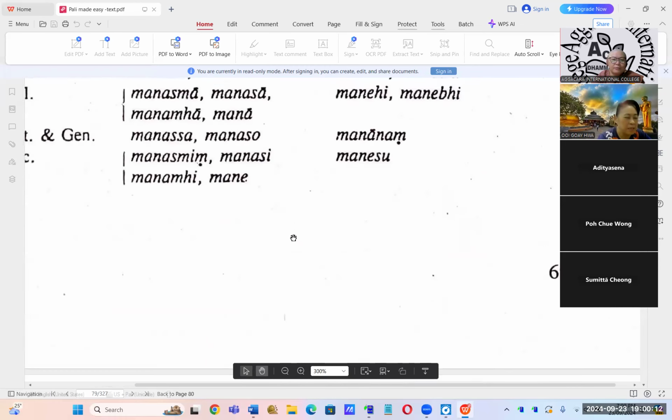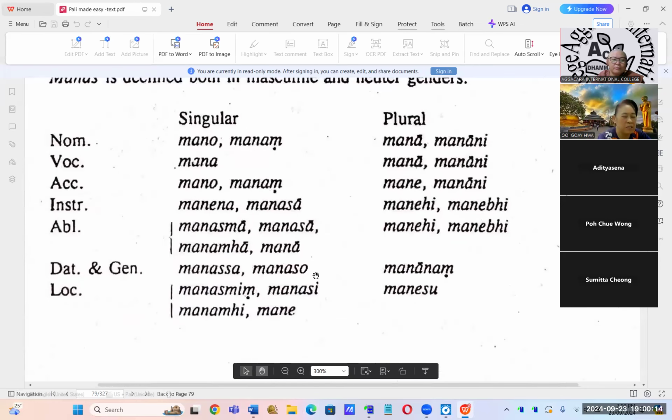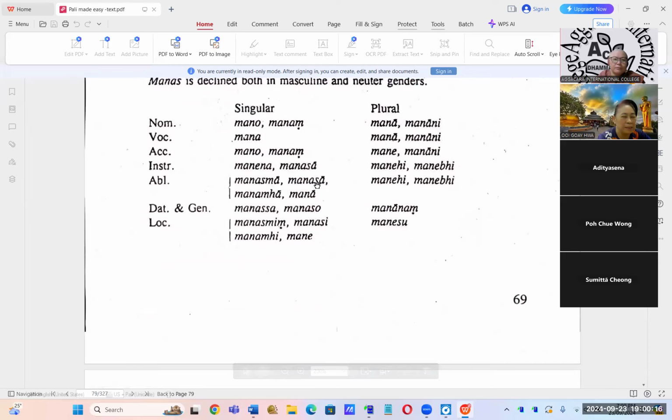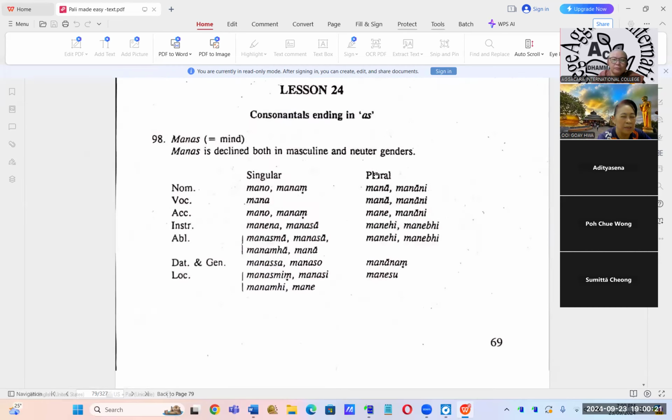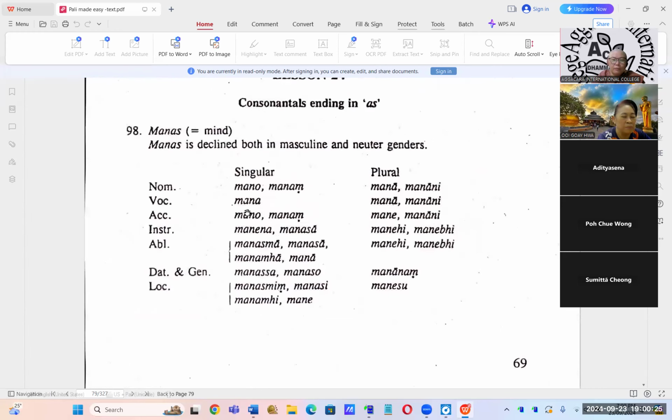Okay, darkness. Nominative singular: tamo, tamam. Plural: tama, tamani. Vocative: tama, plural: tama, tamani.